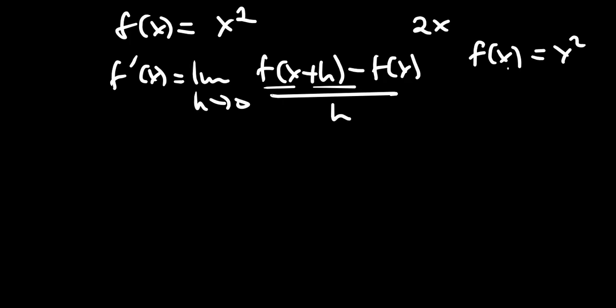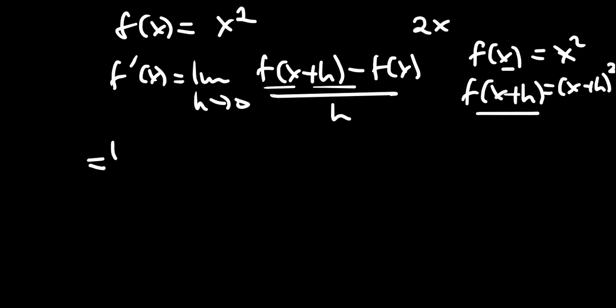Then where there's x here, we replace it with x plus h. So even in that function, we replace x with x plus h. So that is what your f of x plus h is. It's just the function x plus h squared. So from here, what do I do?